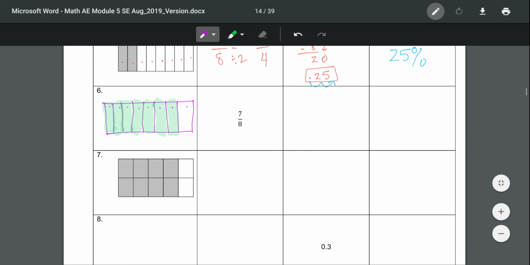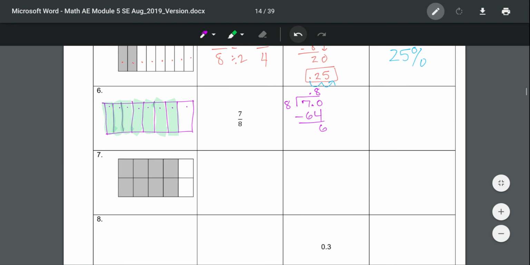Now you want to convert 7/8 into a decimal. So 7 goes inside your division house. 8 goes on the outside. 8 doesn't go into 7 evenly, so you need to add a decimal point, add a 0. 8 goes into 70 8 times. 8 times 8 is 64.